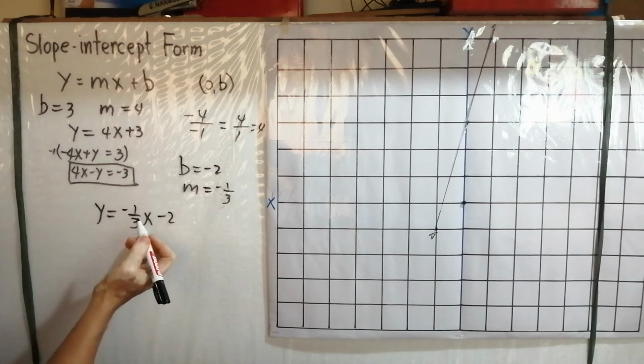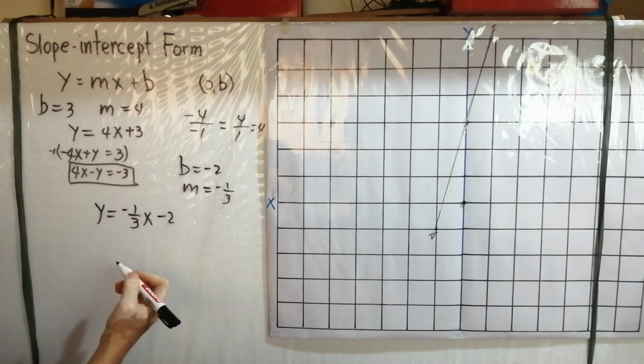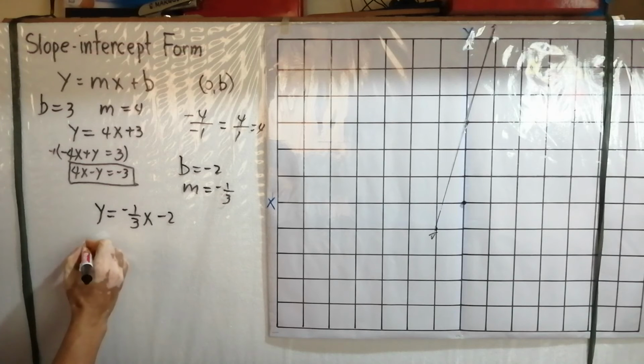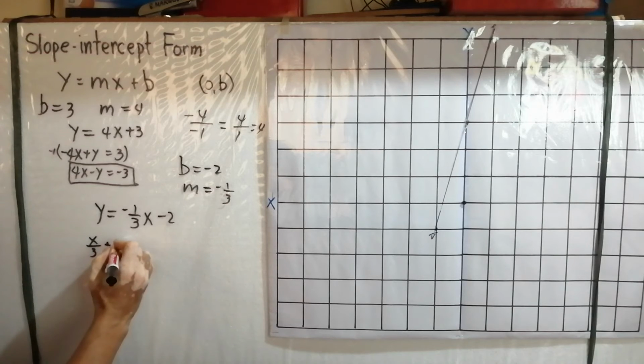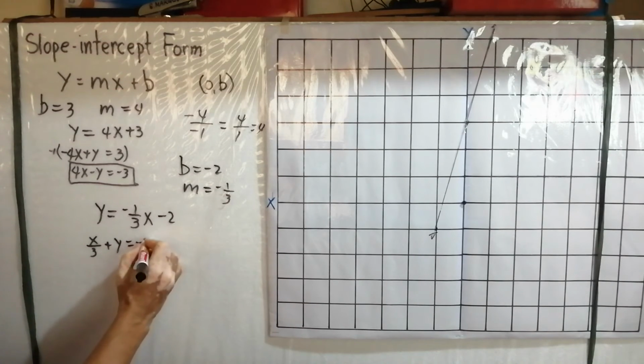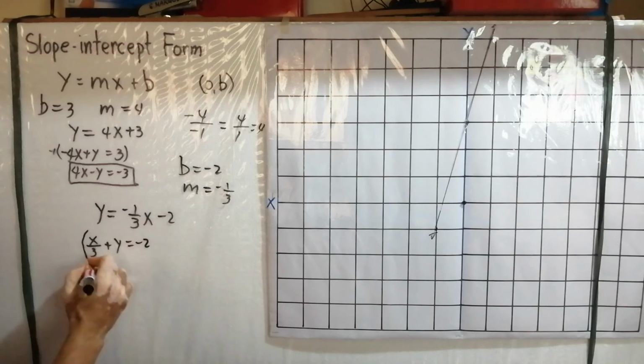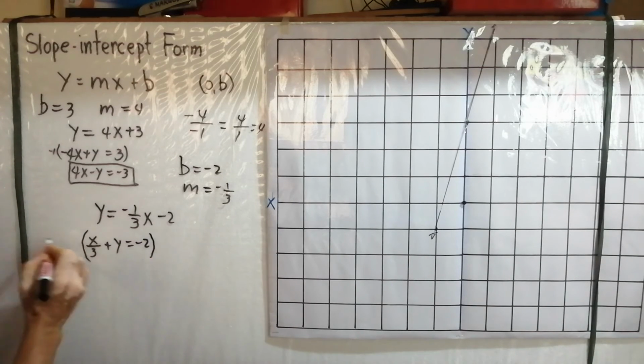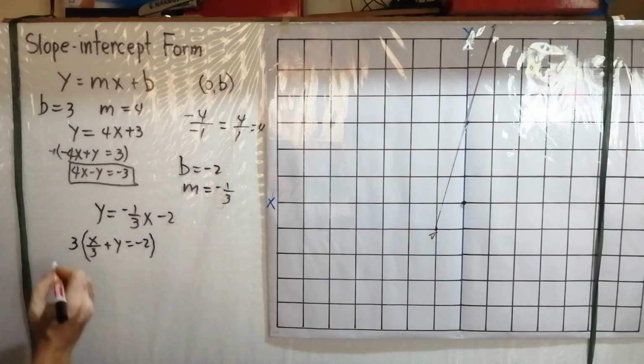Okay, we transpose negative 1/3 x to the left side, so it will become, actually that is the same as x over 3 plus y equals negative 2. If you don't like the denominator, you will multiply this by 3.